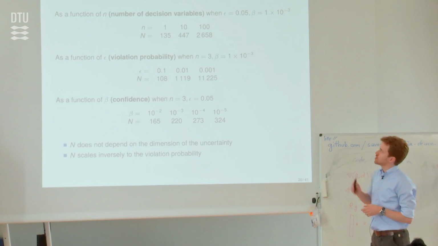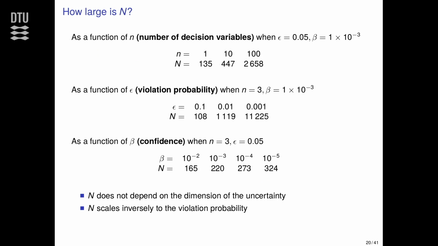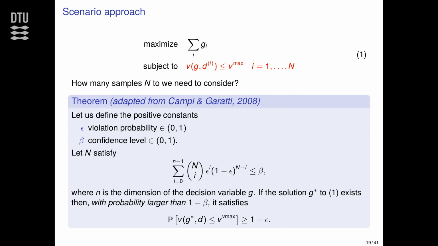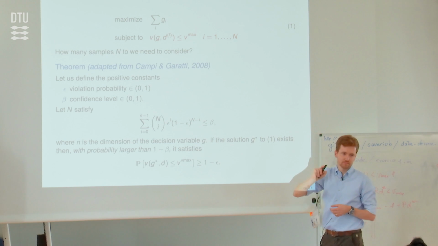And I want just to make a comment on how big this N is. N depends on many things, but there are 3 parameters which affect N the most, and I like to discuss them. One is that N depends, and that's a bit weird, on the number of decision variables. So how many samples you need to pick depends on the size of G, okay?